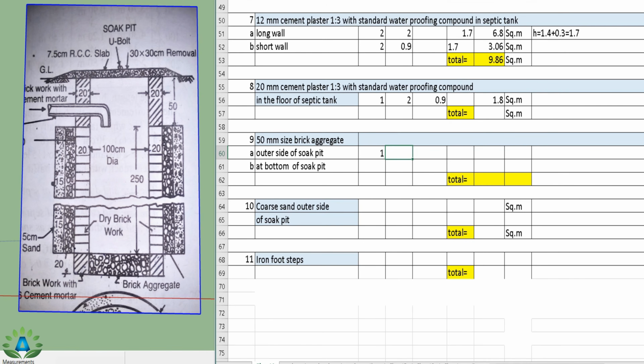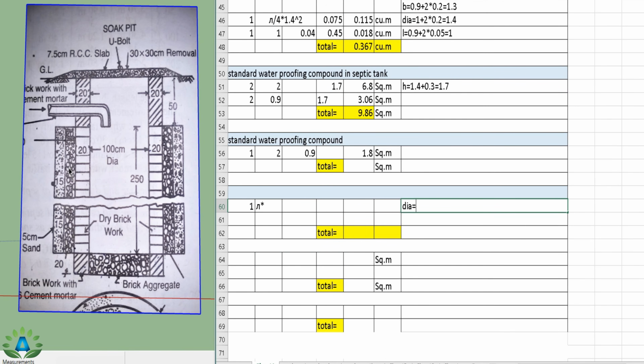So first let's find the diameter of this portion, that is inner portion is 100 centimeter, that is 1 meter, plus these two walls are of 0.2, so 2 into 0.2, plus while calculating the center to center portion we have to find 15 centimeter, but we have to write 0.15 by 2, and again here also this is 15 centimeter, and we need to calculate 0.15 by 2 to find the center to center diameter. So we get the total 1.55.